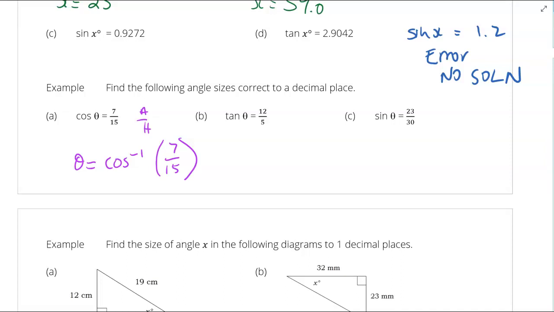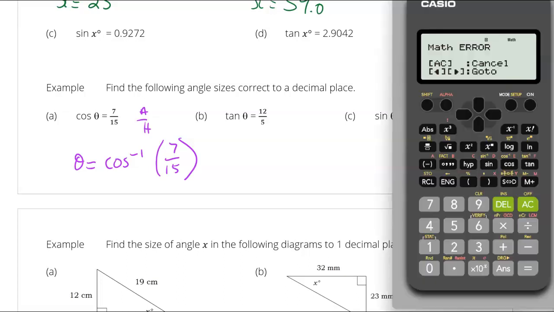You don't have to change that to a decimal. You can just go shift cos. Oops, let's get rid of the error first. Shift cos. And if you want, people like to write this using the fraction bar, which is okay, but tap out and close the bracket, otherwise it won't like it. And there we go. 62.2 to one decimal place, so 62.2 degrees.